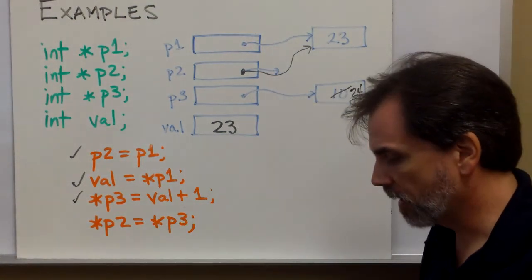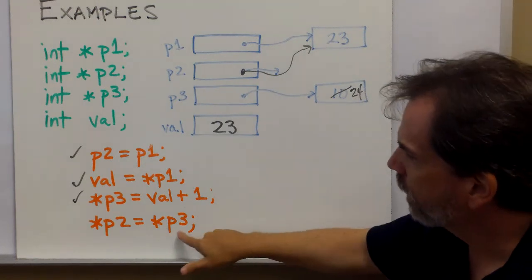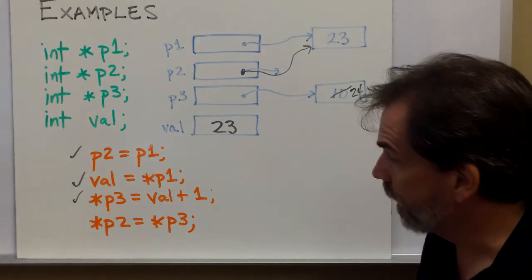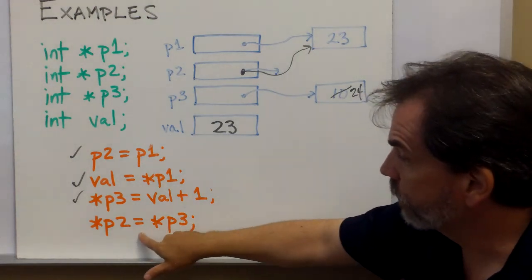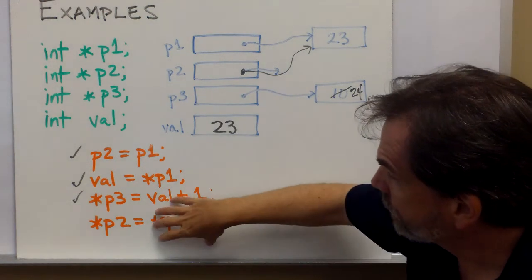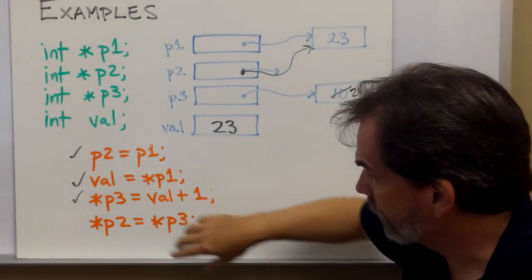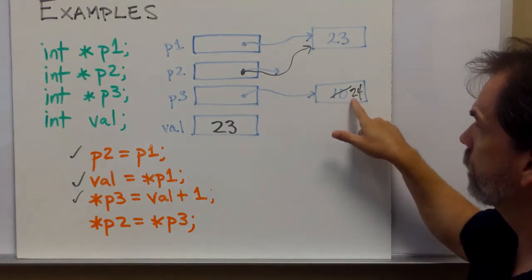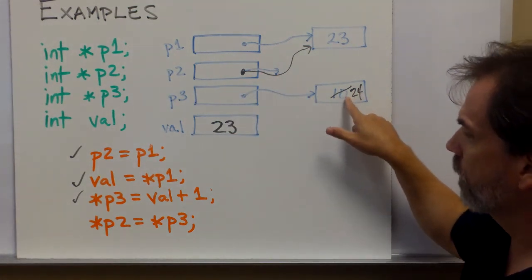Now let's just have a case where we have dereference on both sides of the assignment. So star p2 equals star p3. We always do the expression on the right-hand side first. Well, star p3 is the value that p3 points to, which is here, 24.